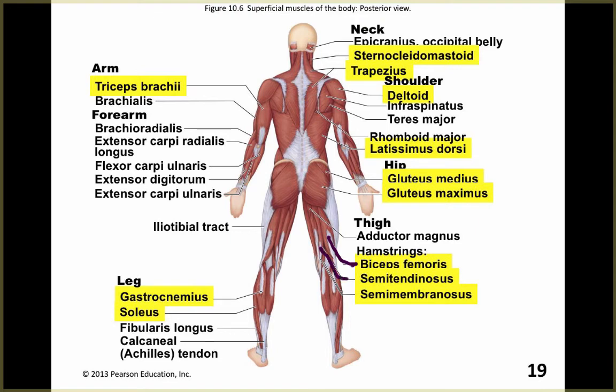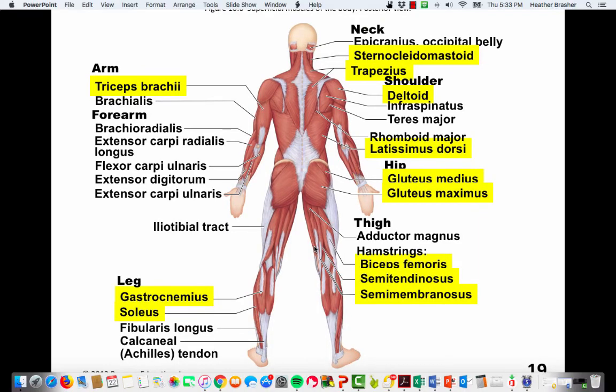Smaller on the other side is the semitendinosus, and then towards the middle, remember M for medial side, is the semimembranosus. The calf again is the gastrocnemius, and right underneath that, smaller, is the soleus. So that's a quick review of what we went over basically in the lab.